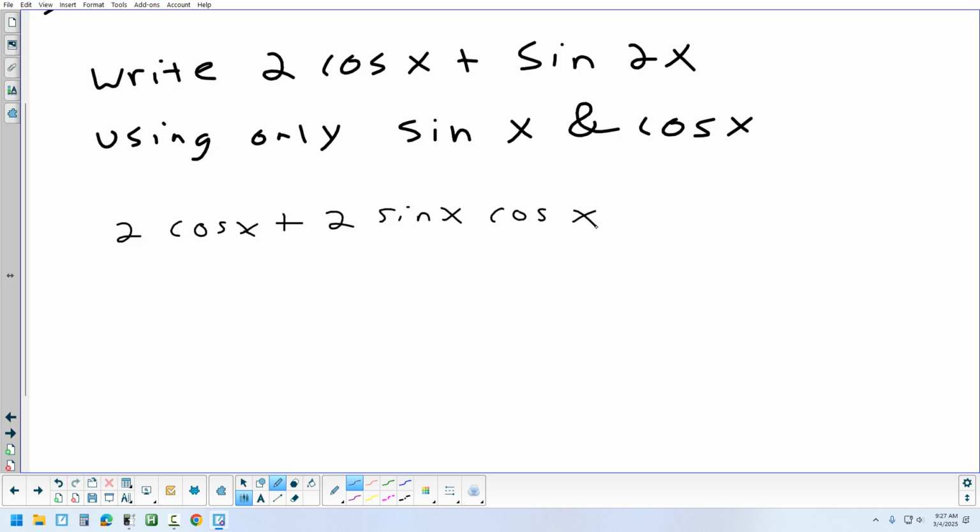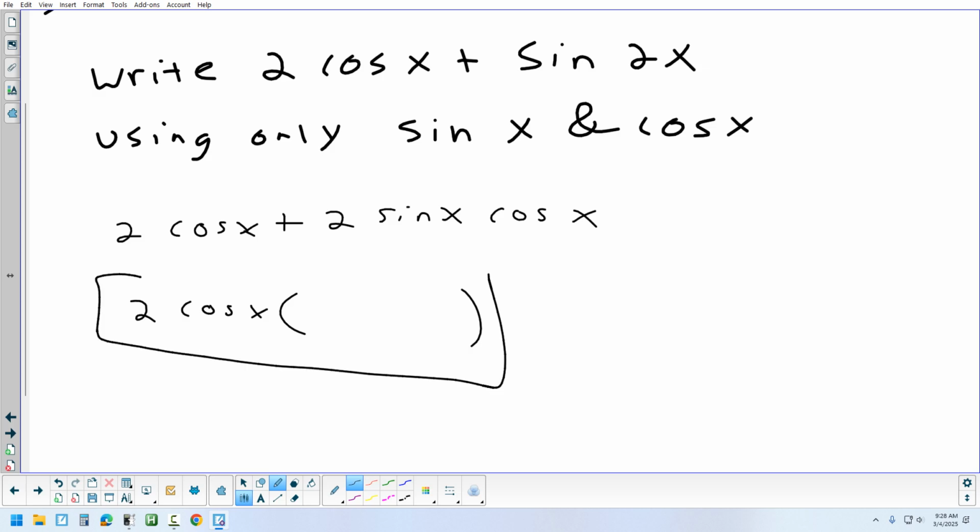Yep. So let's say 2. Okay, 2 is a factor they both have in common. But there's more. Yep, cosine. So we can factor out a 2 cosine x. And what would that leave me with in parentheses if I factored out 2 cosine x from both parts?